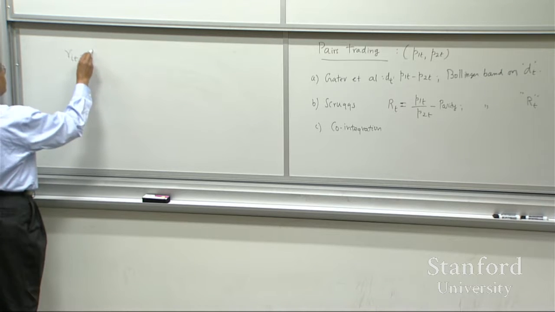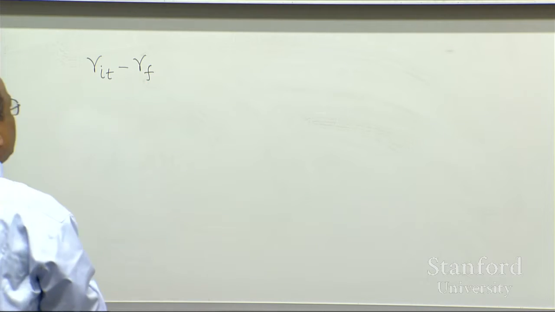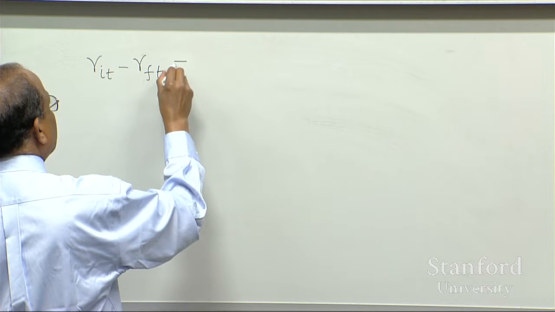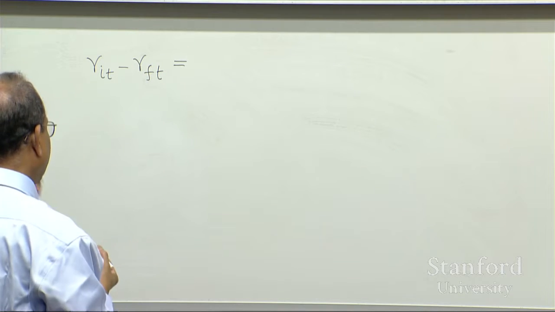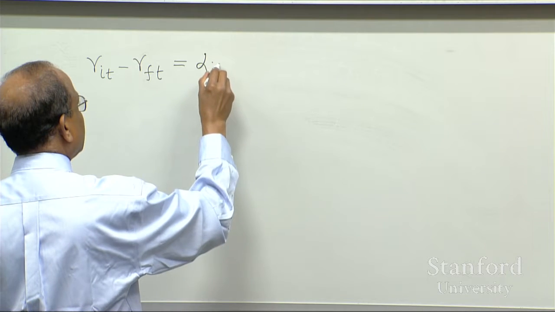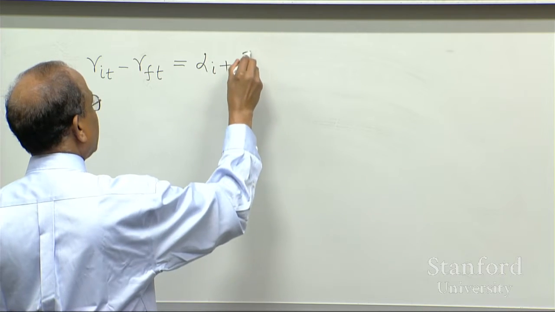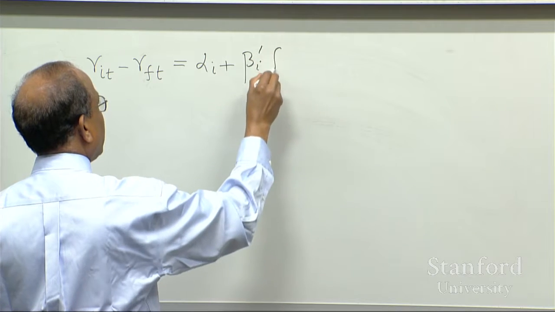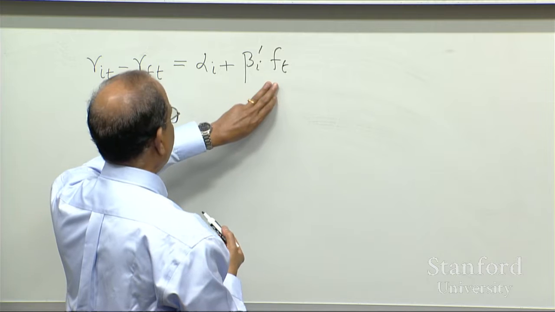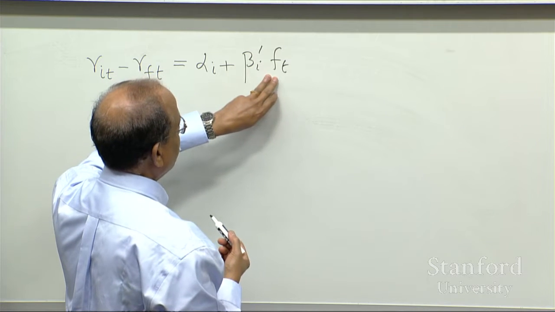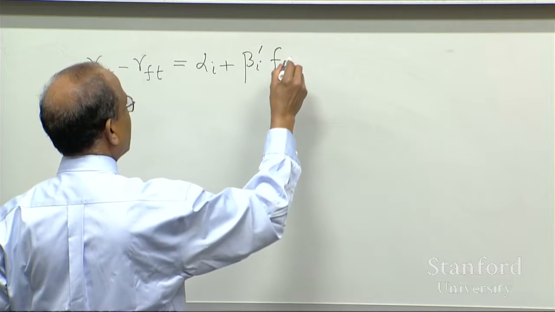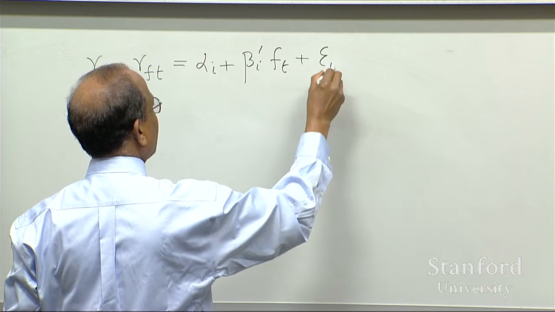Say R_it minus R_f, that is the excess return on the asset, equals alpha_i plus beta_i prime F_t, that is the market factors. If it is only CAPM, it's just going to be the market factor. If it is other factors, industry factors, you can throw in anything you want here, and this is epsilon_it.